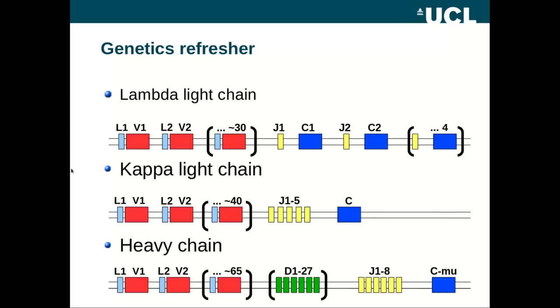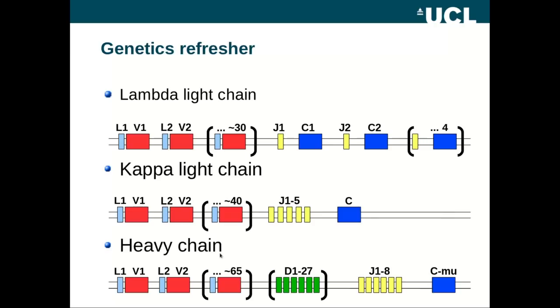So in the case of the light chain, we have about 30 of these V fragments, which join up to one of these about 4 J fragments, or segments, and therefore you get 30 times 4 different sequences that you can create. Similarly with the kappa chain, about 40 of these V's, 5 J's, giving you about 200 different chains.